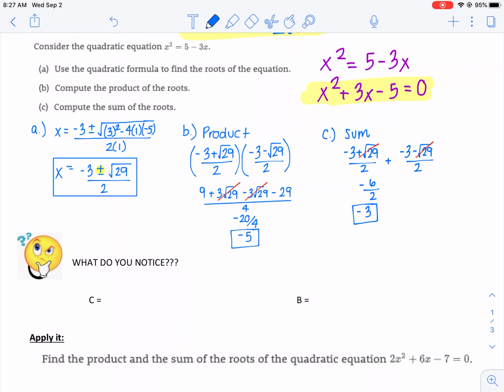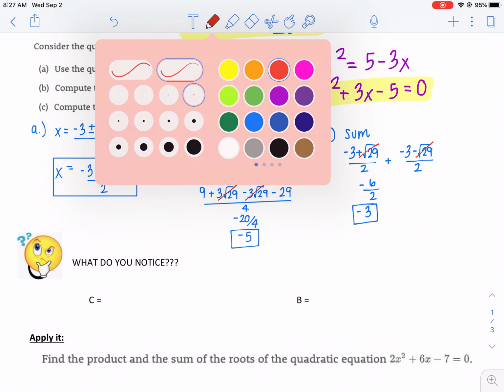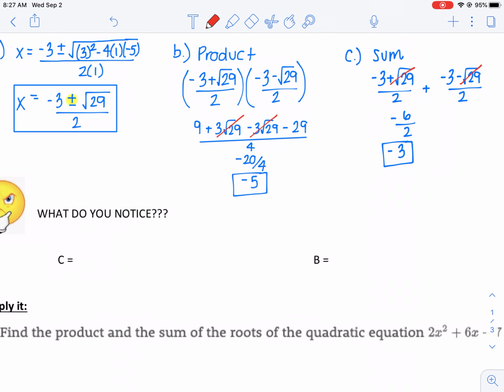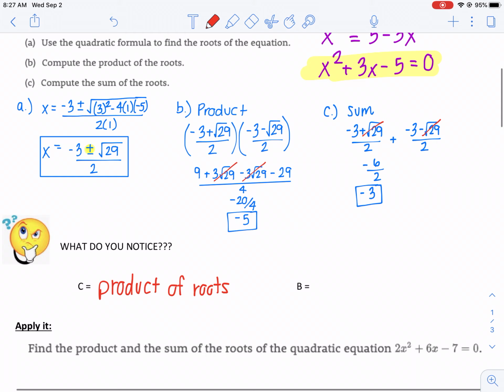So something to note here, I'll put it even in red because it's super important. The C value is the product of the roots. Right here. This value, the product, is the C value in the original equation.